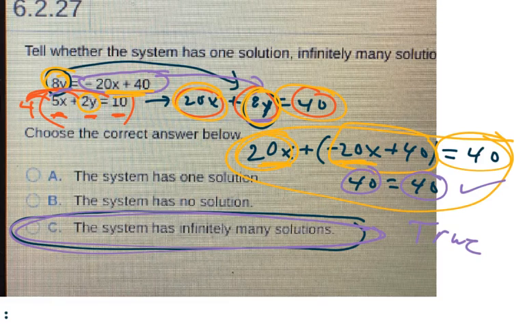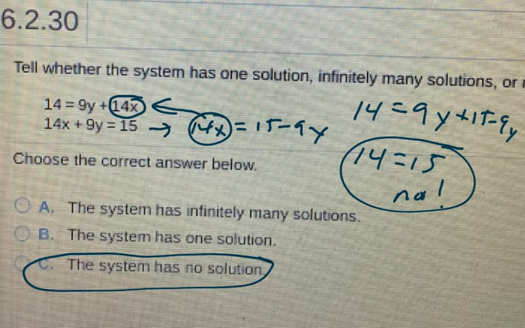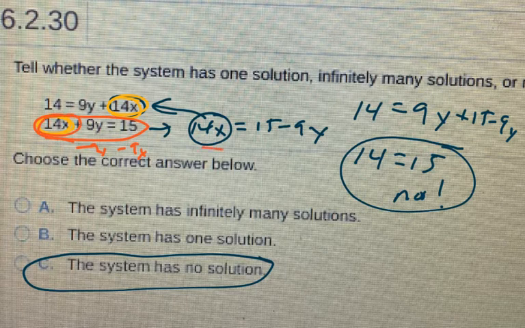And here's a perfect example. Look at this one right here. Now I use the same trick, basically. If you look right here, I noticed that was 14x and that was 14x. So I took my second equation and I minus 9y both sides to solve for 14x. That's what I did right here.